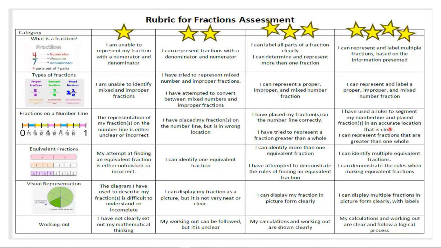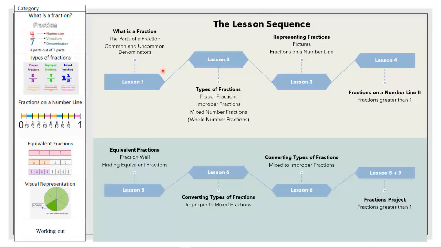Yeah. So I'm just going to outline what we're going to do over the next couple of weeks in terms of our unit. So here's, I guess, the categories of the rubric here. And then basically what you'll notice is that what is a fraction is lesson 1. Lesson 1, that's today's lesson. Then lesson 2, types of fractions.